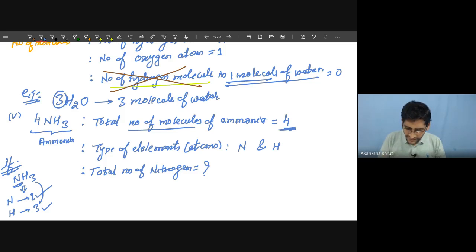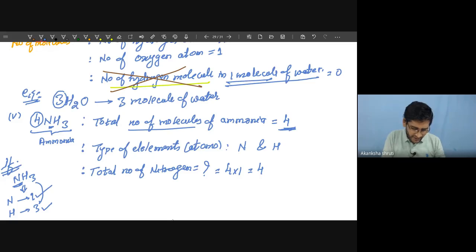So the number of nitrogen atoms is obtained by considering the coefficient 4 and the number of nitrogen atoms in each molecule, meaning 4 into 1, it is 4. Are you getting this? Because in one molecule of ammonia there is one atom of nitrogen.